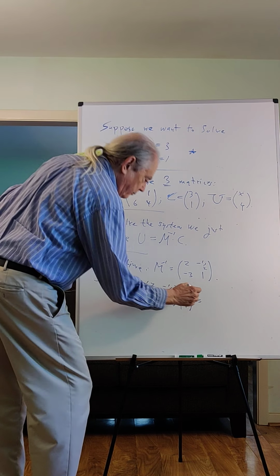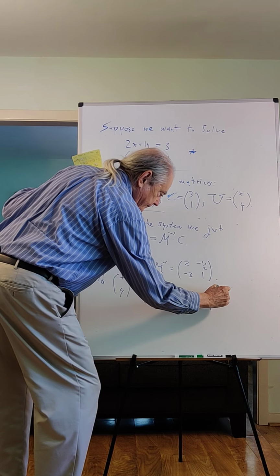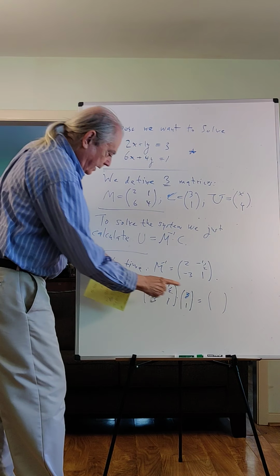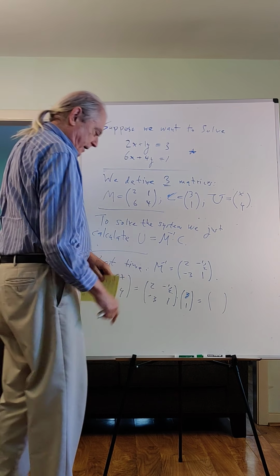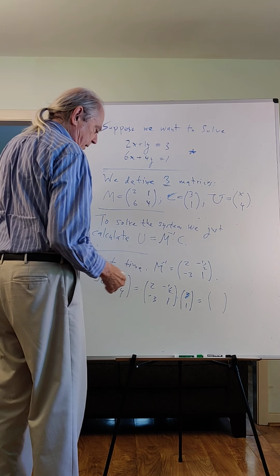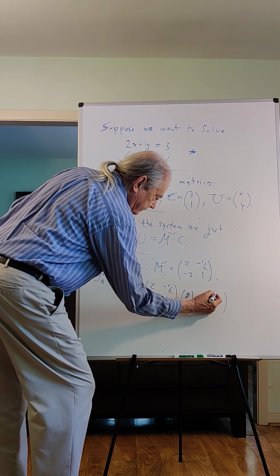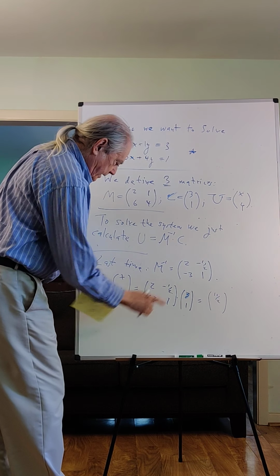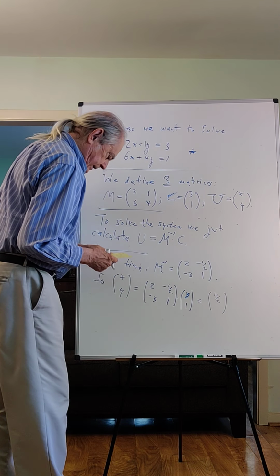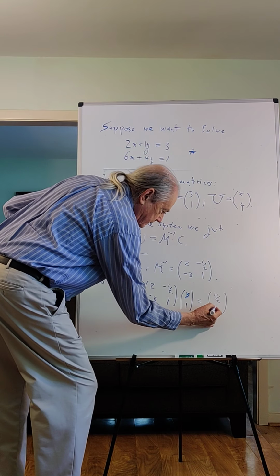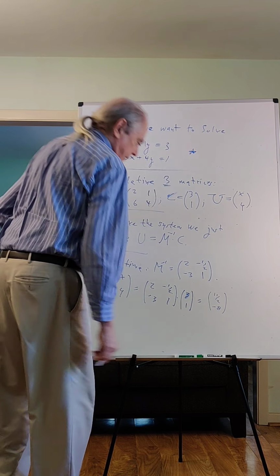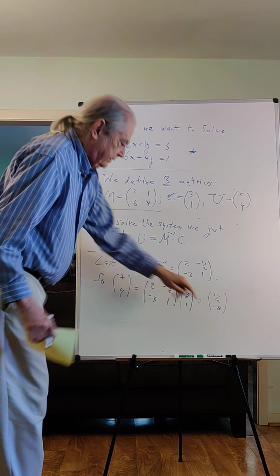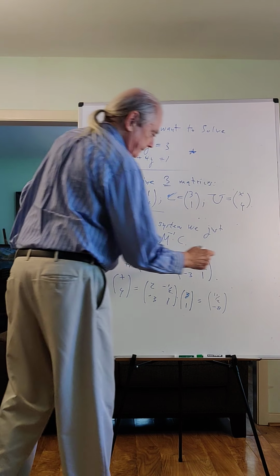The answer is going to be 2 by 1. Okay, 6 minus a half, 12 halves minus 1 half is 11 halves. And negative 9 plus 1 is negative 8. So the answer is x is 11 halves, y is negative 8.